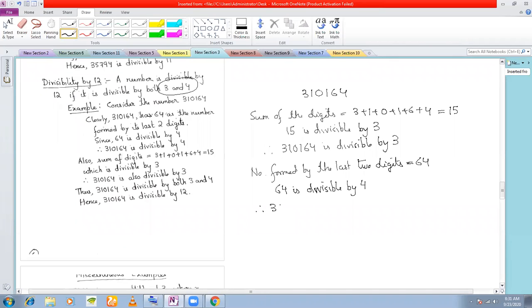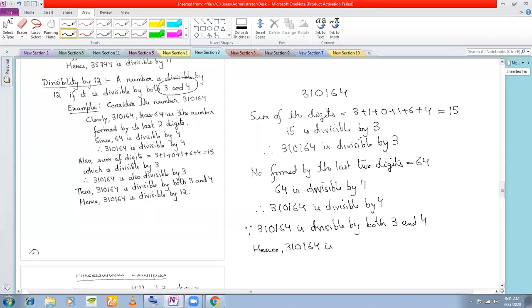So therefore, 310164 is divisible by 4. Since 310164 is divisible by both 3 and 4, hence 310164 is divisible by 12. Okay, simple enough example.